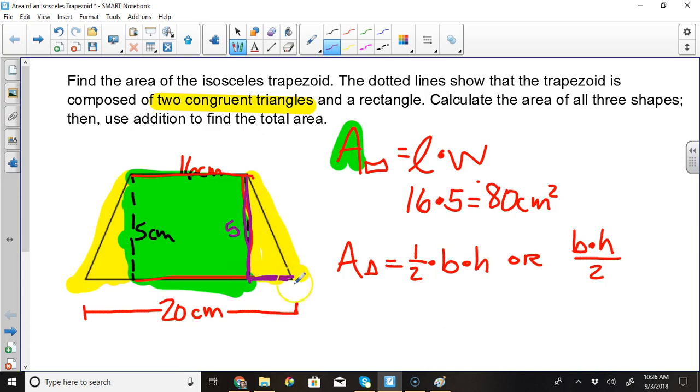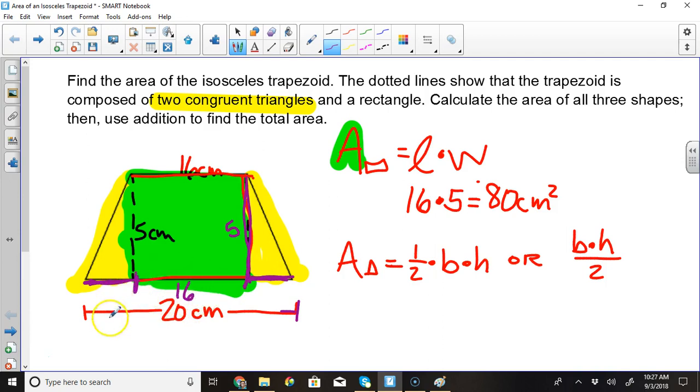And I'm only given all of this all the way across is 20. So what else do we know about this length? I know this side and this side plus this middle rectangle piece, all of it together equals 20. And this here is 16. So let's see, what is that going to leave us with?